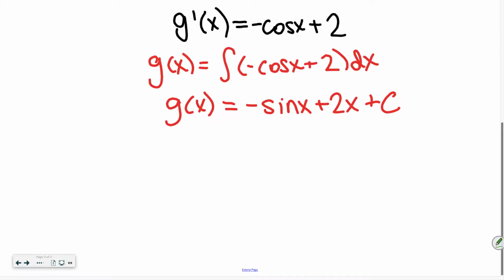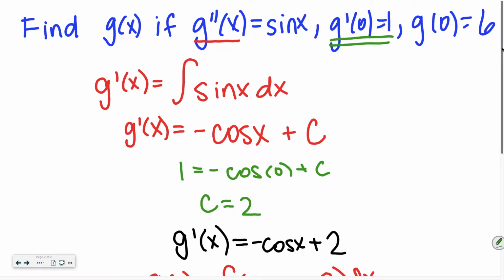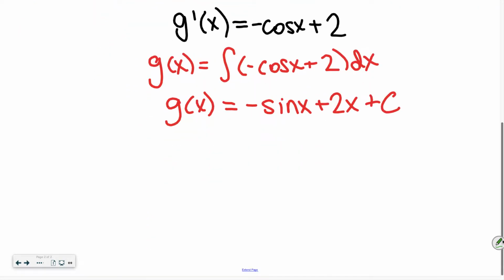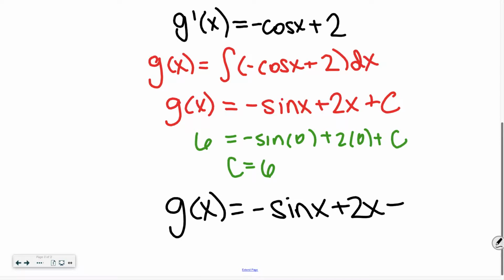So then, g of 0 equals 6. So when we plug in 0, our output is 6. What is c? 6. Sine of 0 is 0, 2 times 0 is 0. So g of x is negative sine of x plus 2x plus 6.